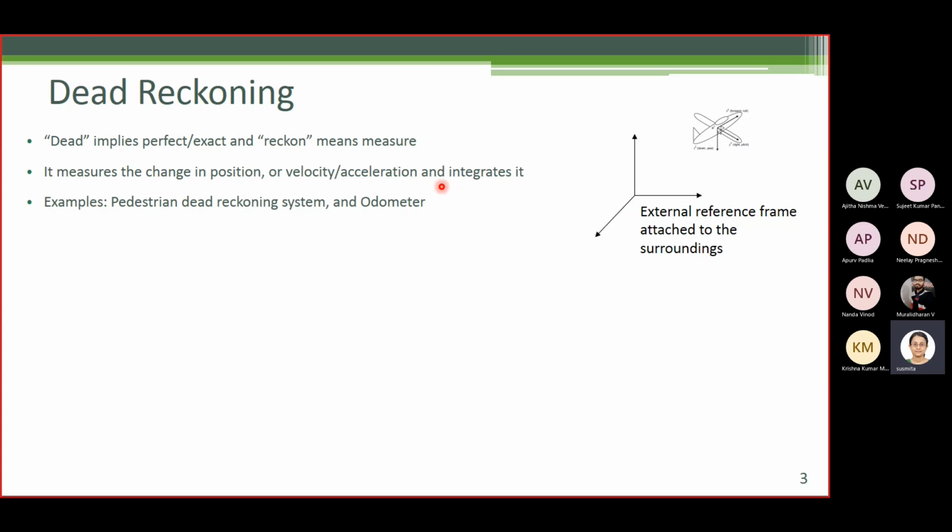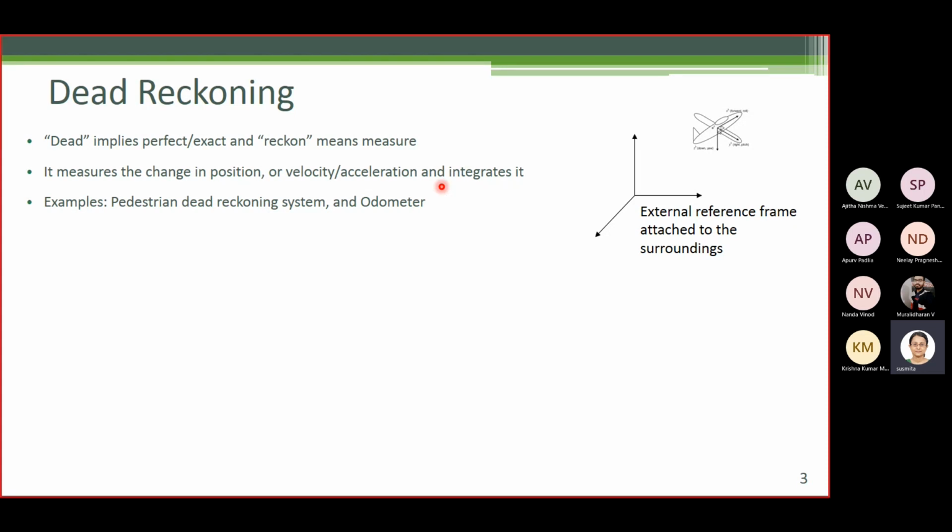We can use some default step length, but for better accuracy we can also model the step length based on other information, such as whether it is flat terrain or uneven, slanted or hilly terrain, whether the person is carrying any weight or casually walking or running. If we can incorporate things like that, we can model the step length more accurately, and that will give us a much better measurement of the distance traveled. Distance traveled is the change in position, and by adding that vectorially to the previous position, we can find the current position.